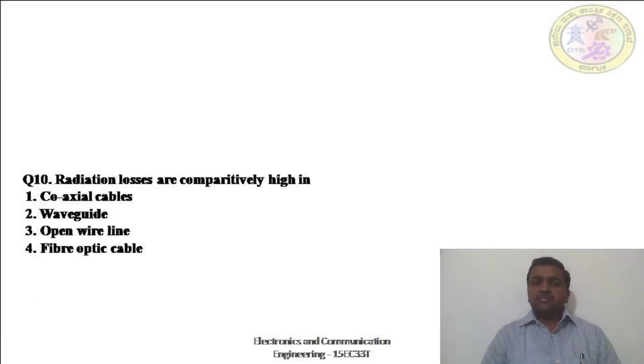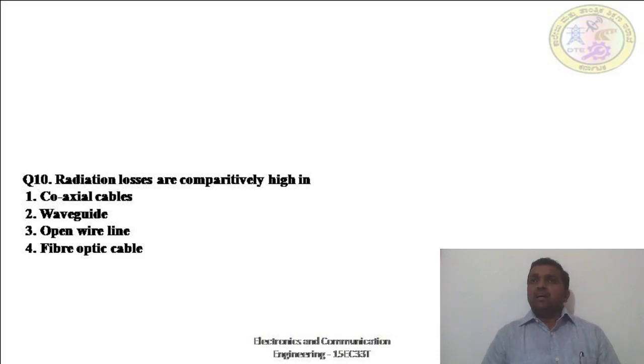Question number 10. Radiation losses are comparatively high in option 1, coaxial cables, option 2, waveguide, option 3, open wire, option 4, fiber optic cable. The answer is option 3, that is open wire line.